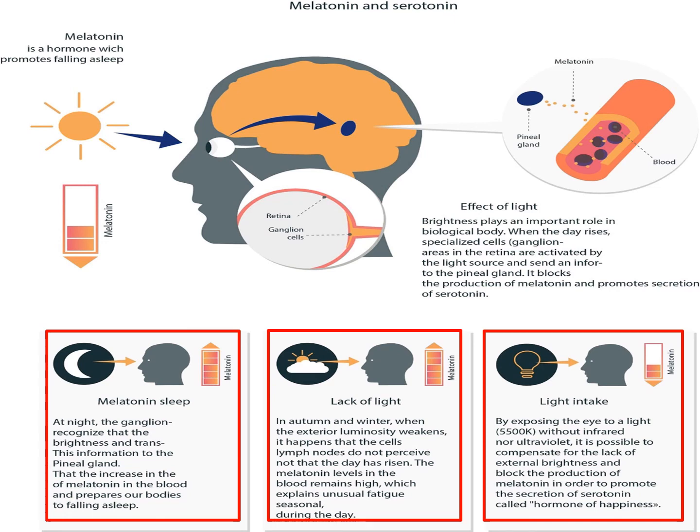So this is how the various conditions of light, either darkness or brightness, due to the day and night cycle or maybe due to the seasons, like in autumn and winter where there is a decrease in the intensity of light, are responsible for the increase and decrease of the level of melatonin, which is responsible for alteration in the sleep-wake cycle.